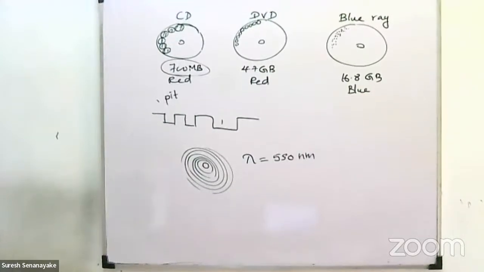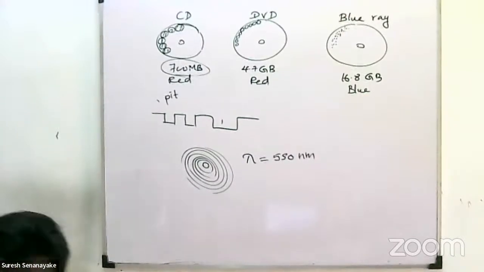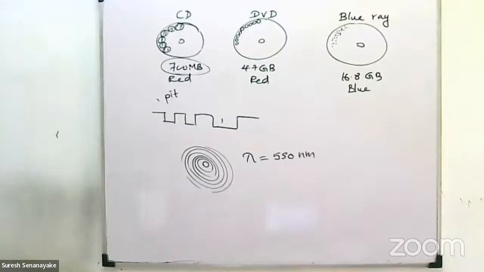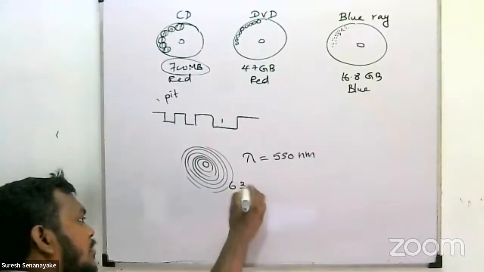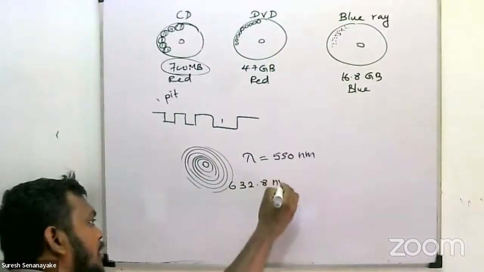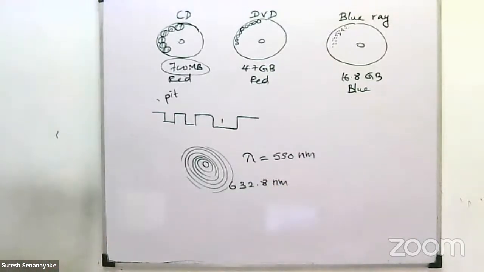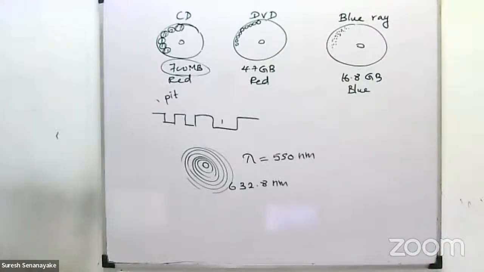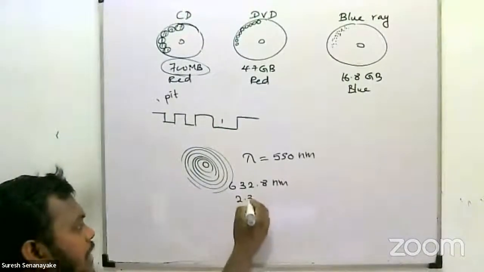It was a sub question. A laser emits laser light at a wavelength of 632.8 nanometer and a power of 2.3 milliwatts.